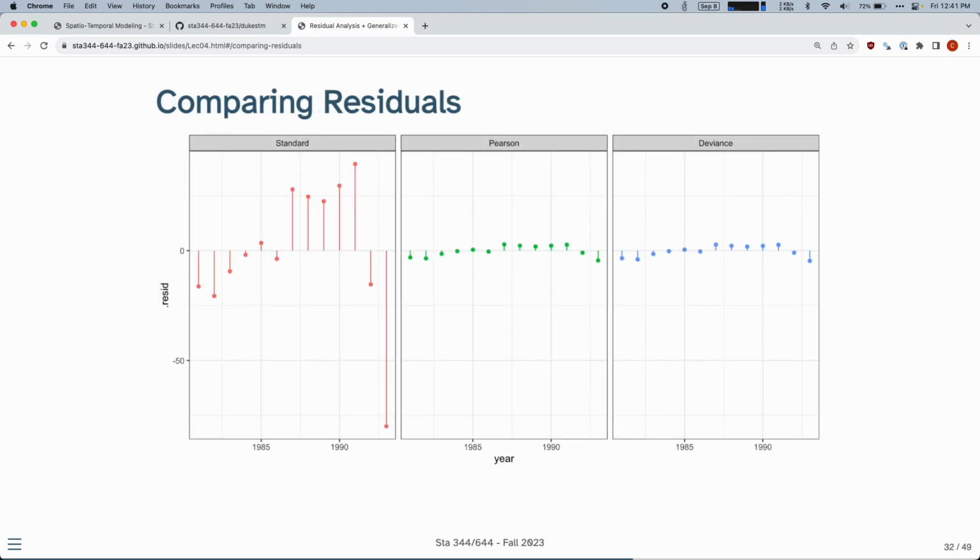If we actually compare naive residuals to Pearson residuals to the deviance residuals, they don't look that similar. They're on different scales. So that's one thing to keep in mind, that it's like apples to oranges at that level. But again, the main point is not so much the scale of them, it's the structure that's there.